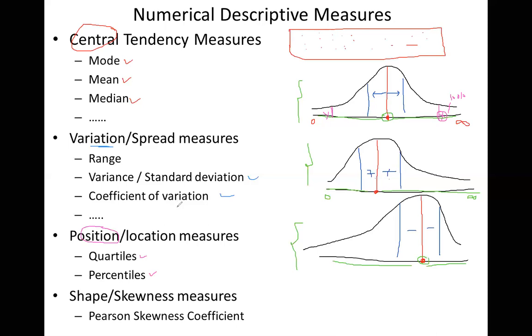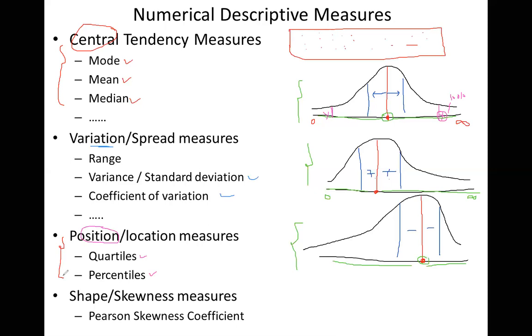So now we can start first in this lecture. We had the overview of all the numerical descriptive measures. Indeed, there are other dimensions and other characteristics of the data that can be described, but in our course we only have these 4 dimensions. Now we can start with how to calculate the central tendency measures and how to calculate the position or location measures.